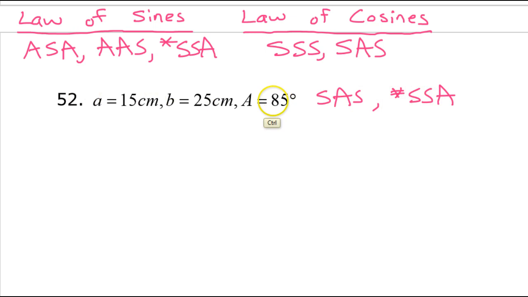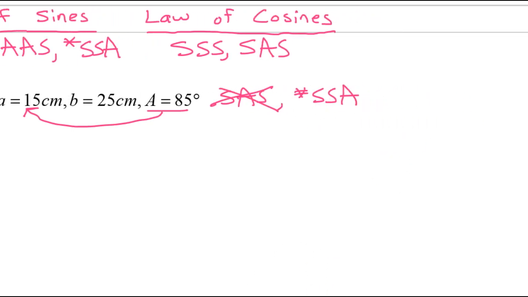I have a shortcut for knowing when it will be side side angle, and that is if the angle matches one of the sides, then that tells me it will be side side angle. So this is going to be the ambiguous case. We're going to have to be extra careful. This is going to take a little bit more work, and we will end up using the law of sines.